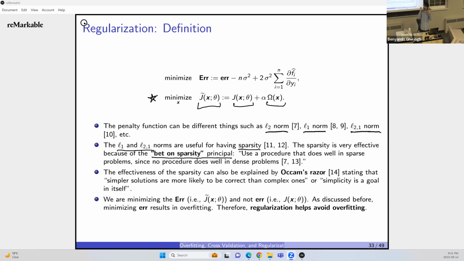And make me blindfolded. Give some data to them, and they will give you some accuracy or some performance, right? Without even looking at the results, I bet that the sparse model worked better. This is called the betting on sparsity principle. Use a procedure that does well in a sparse problem, since no procedure does well in dense problems. This is what they have said.